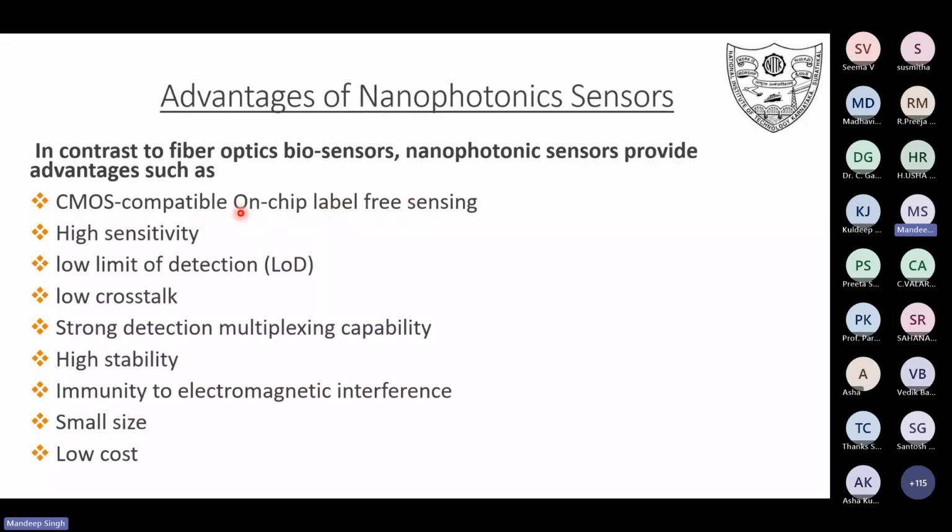The next advantages are high sensitivity, a low limit of detection, low crosstalk, strong detection, and multiplexing capability, which means we can also do multiple sensing at the same time. Then high stability, immunity to electromagnetic interference, and also small size and low cost. So these are a few advantages.